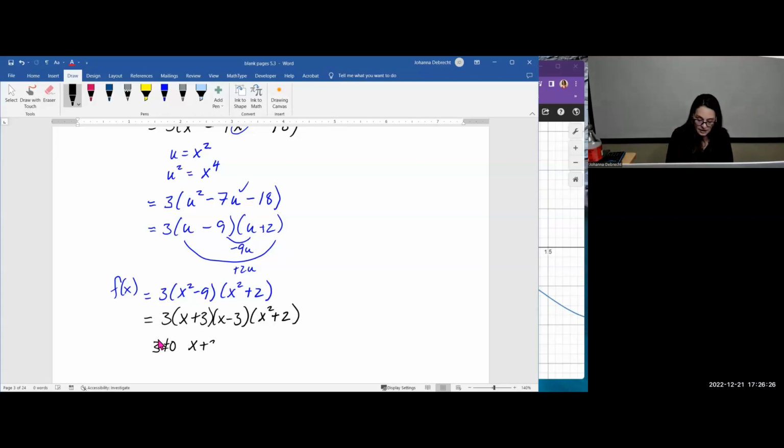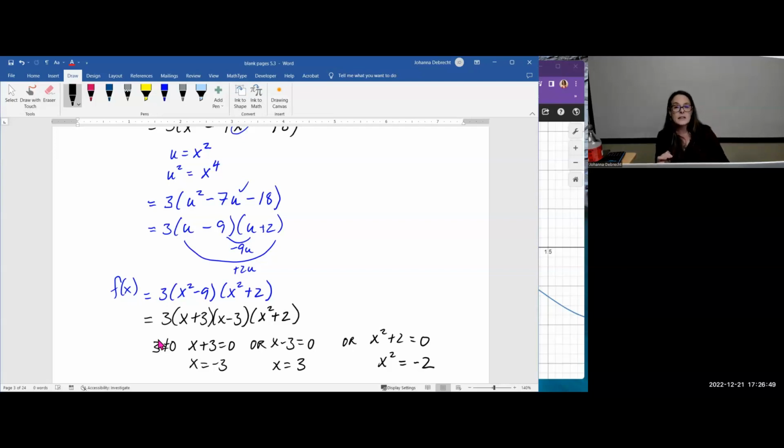And then I have x plus 3 equals 0, so I have x equal -3. Or I have x minus 3 equals 0, so I have x equal 3. Or I have x squared plus 2 equals 0. Now, when I move the 2 by subtracting it, I end up with x squared equal negative 2. And because we have x squared, we have to have 2 solutions.